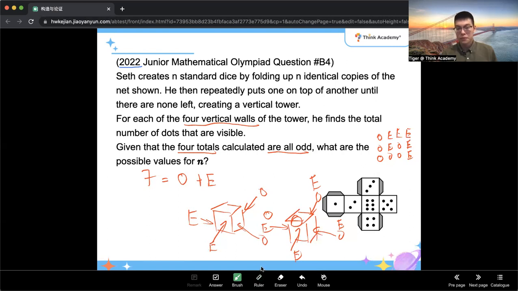Yeah? So if I'm looking at these 2 possibilities, they will both be even. If I'm looking at the first 2 possibilities, they can be odd. Right? So now we are just thinking about, can they all be odd?